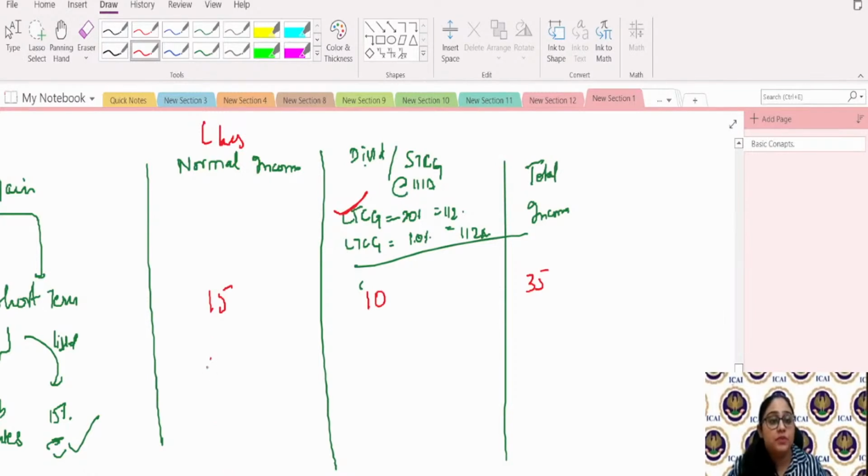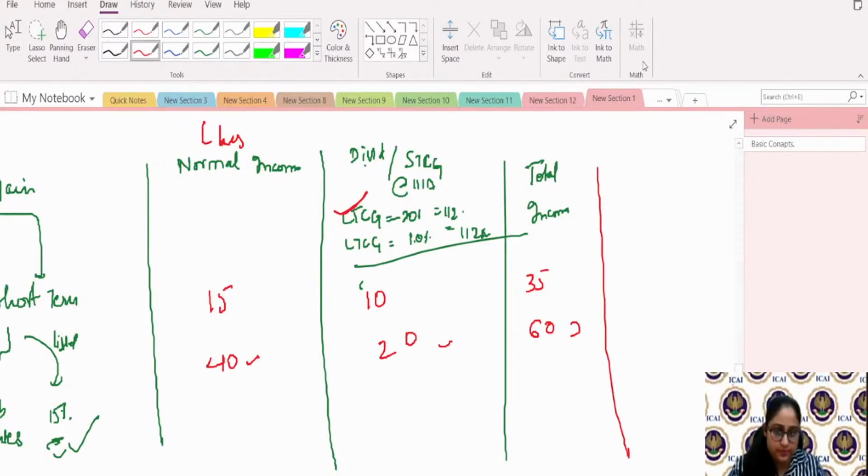My normal income is 40 lakhs, my LTCG income is 20 lakhs. Total income is 60 lakhs. 40 lakhs at slab rate, 20 lakhs at 20%. On the total tax, how much surcharge will you apply? 10%, because the total income is more than 50 lakhs. Simple.